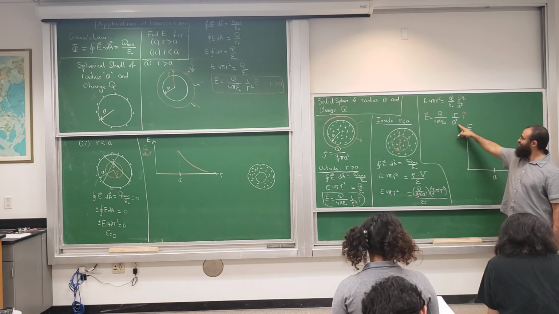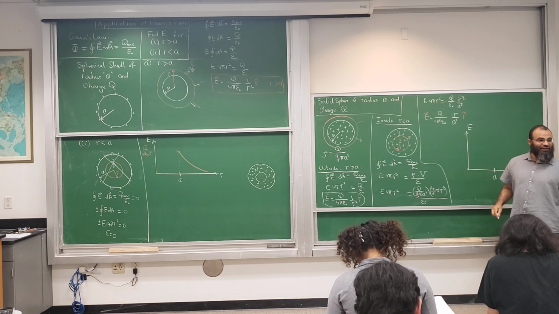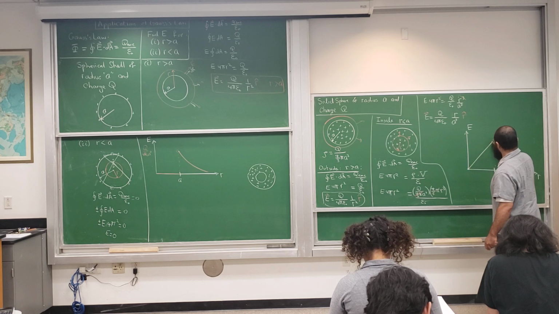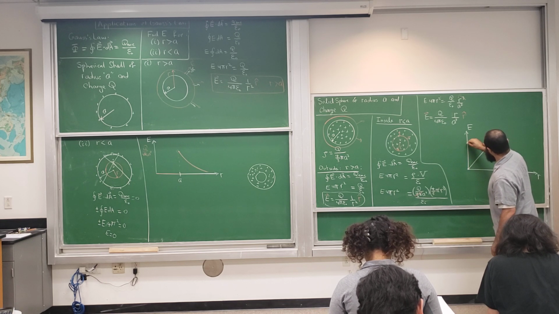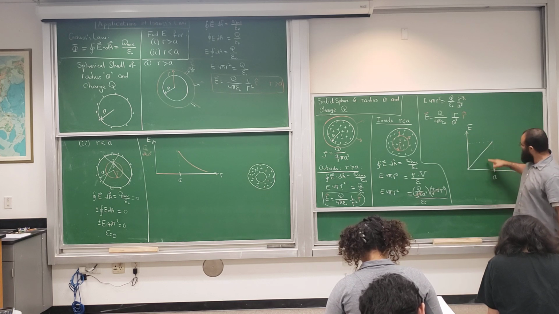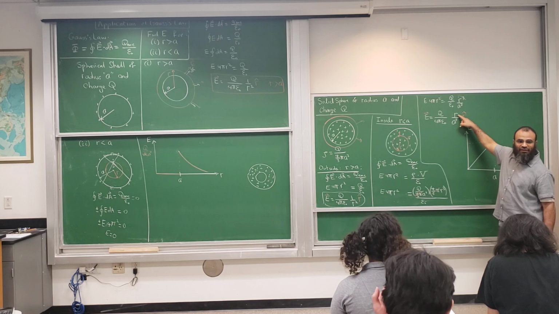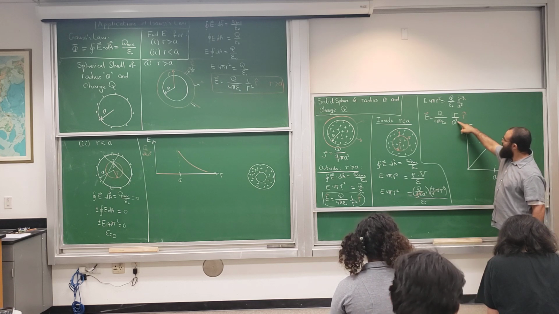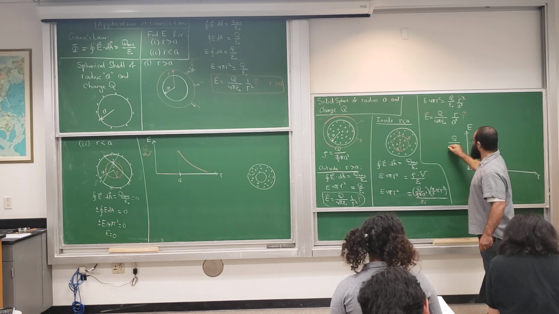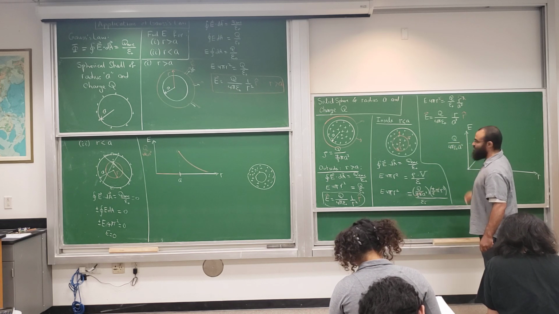Zero. And it grows linearly, right? So it grows linearly like this. What value does it have when R is equal to A? You get Q over 4 pi epsilon naught A squared, right?